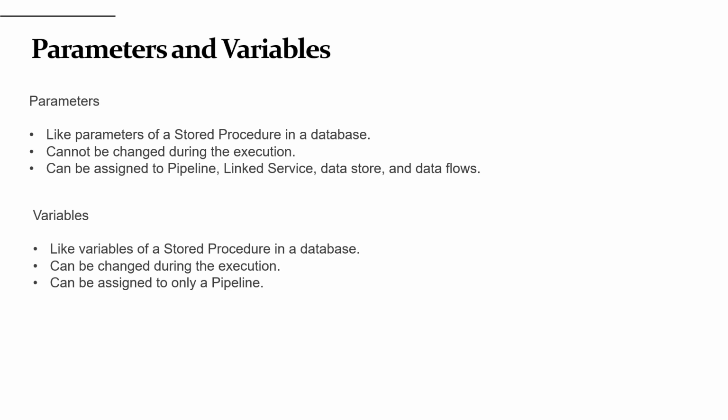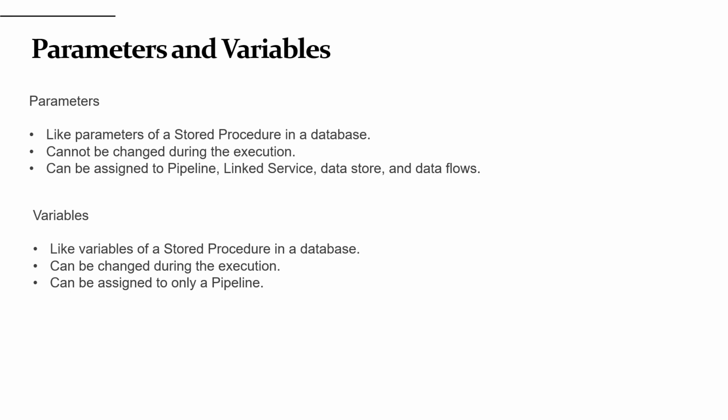Next is the variables. Again, this is similar to a stored procedure, where we have variables. When you start your stored procedure, you might have a variable to store maybe the cost that you want to return to the application. So you set that cost to zero initially, and then you get the value.